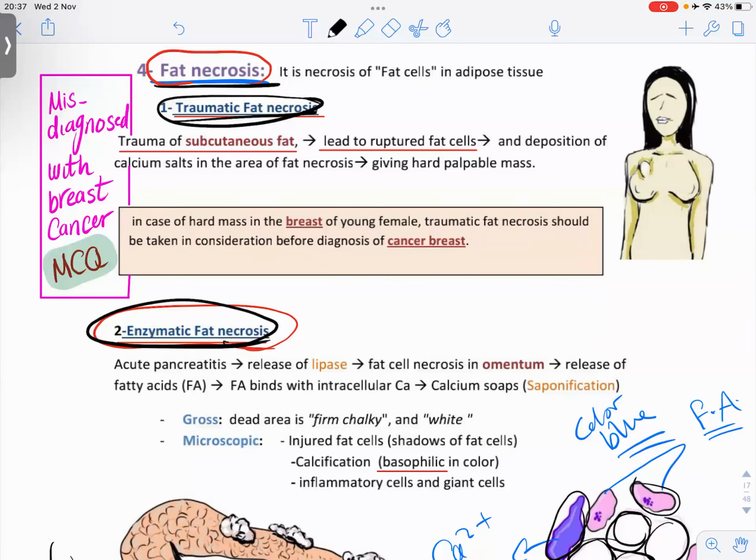When the woman palpates the breast and feels a hard mass, she thinks that it's breast cancer. But when we take a biopsy, we will find calcium binding with fatty acid, and we will reassure her, don't worry, madam, it's not breast cancer, it's saponification of the breast.